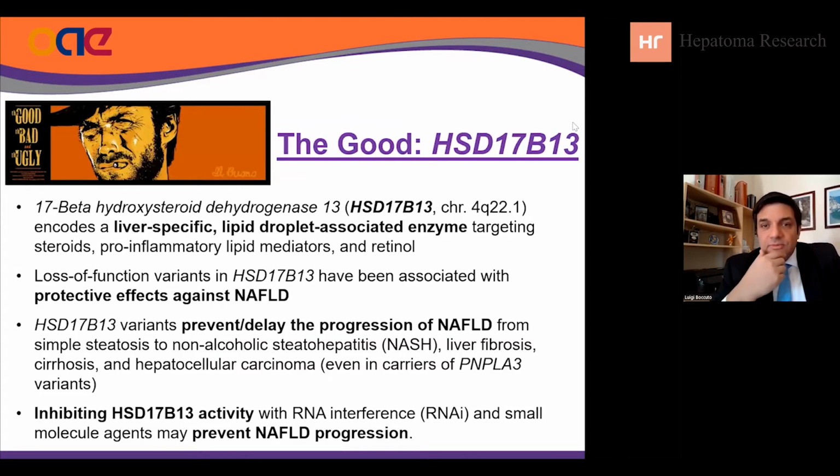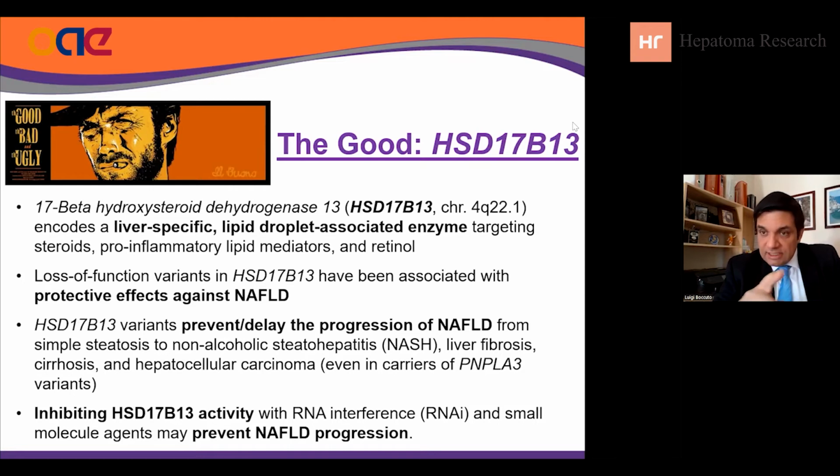We start with the good, which is this gene 17 beta hydroxysteroid dehydrogenase 13 that encodes a liver-specific enzyme that targets steroids, pro-inflammatory lipid mediators, and retinol. So if you remember, when we had an overview about the pathogenic mechanisms underlying NAFLD, one of the critical steps was the chronic inflammation.